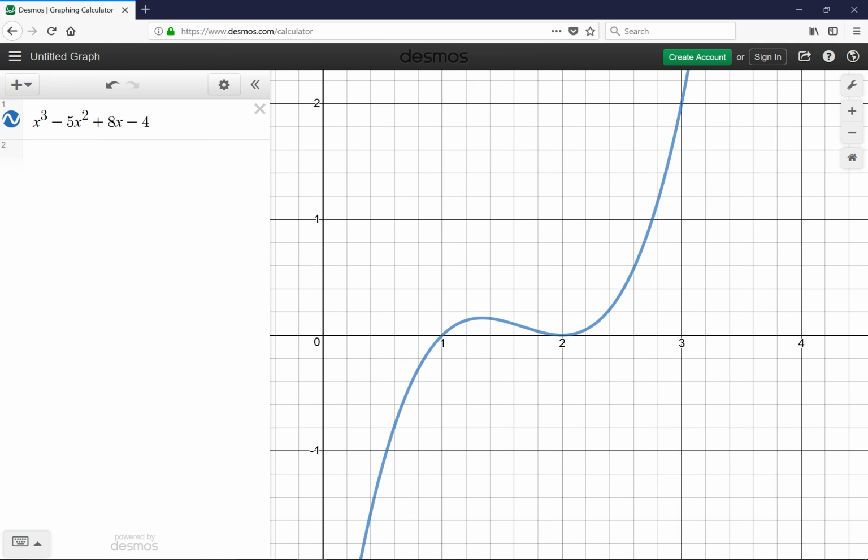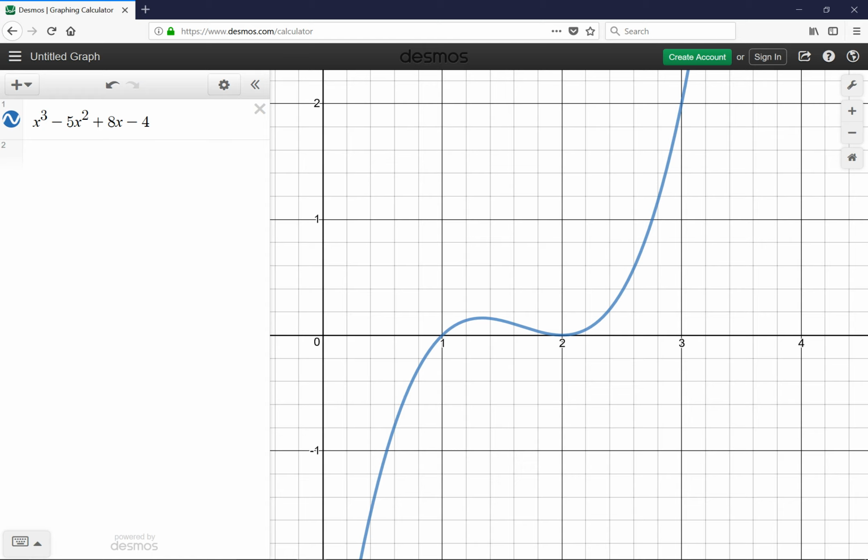But how many solutions do I really have here? 3. Because this one is a single root, and this one we call a double root, right? When the vertex is on the line, it's a double root. It counts twice. That's why when you say y equals x squared, it's at 0, but technically it's a double root, because the vertex is on the line right there.